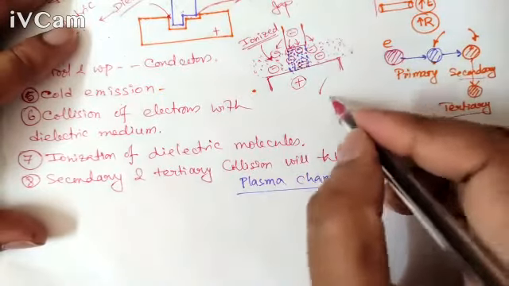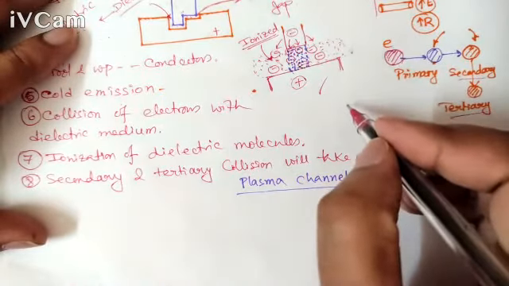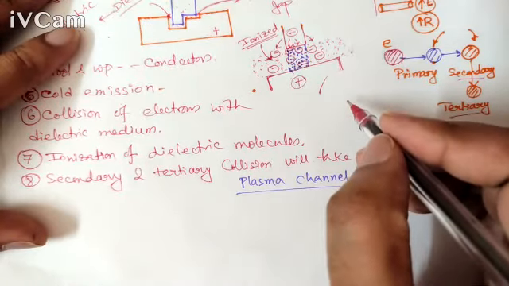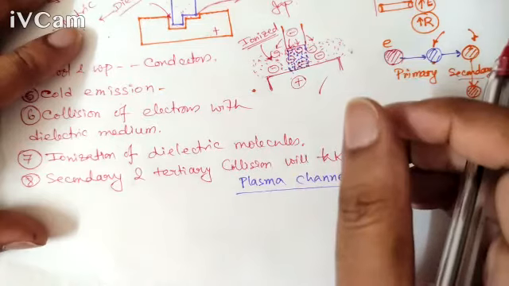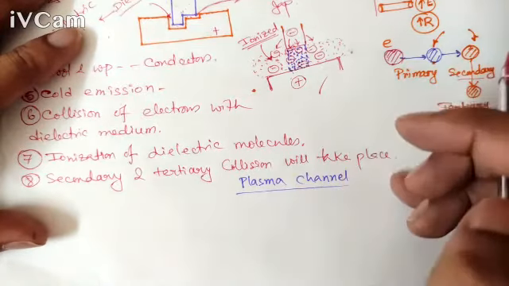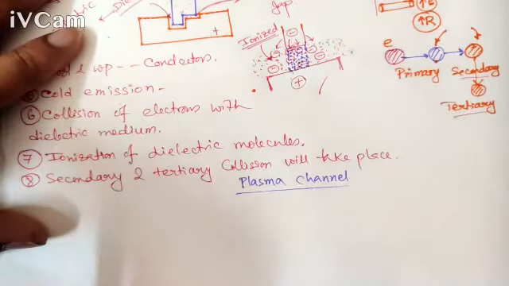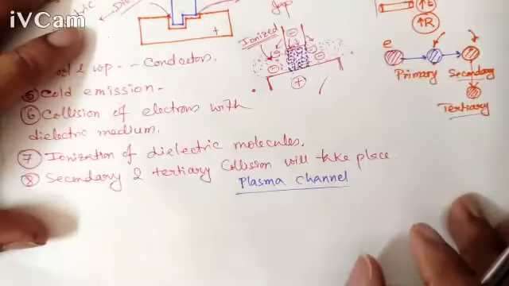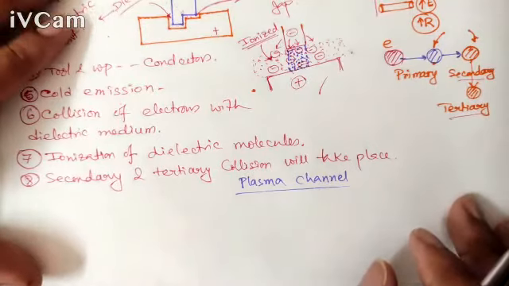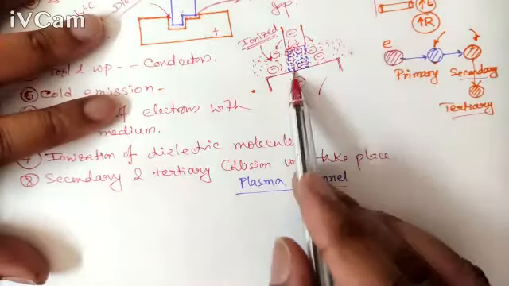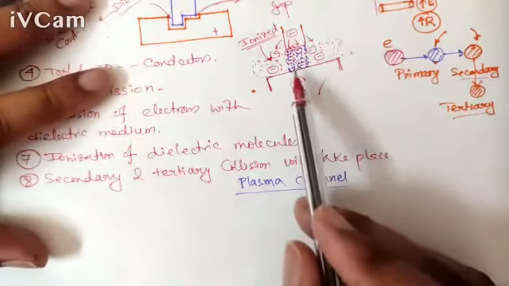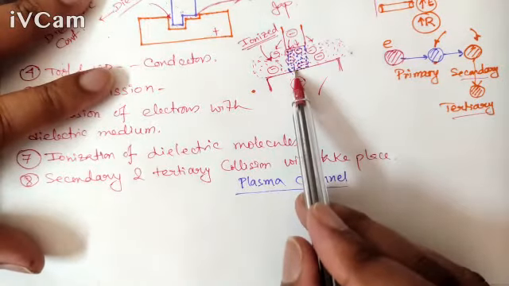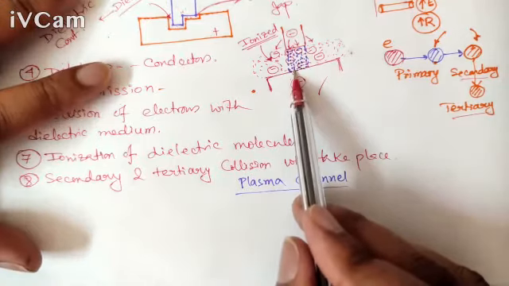You take two stones and hit them very hard with high velocity, creating some high impact. What will happen? Some spark will be generated. Similarly, if you have any conductive material or metals and you hit them hard, you will get some spark. So here also the same thing is happening, and that spark will stay only for a short while, maybe microseconds.